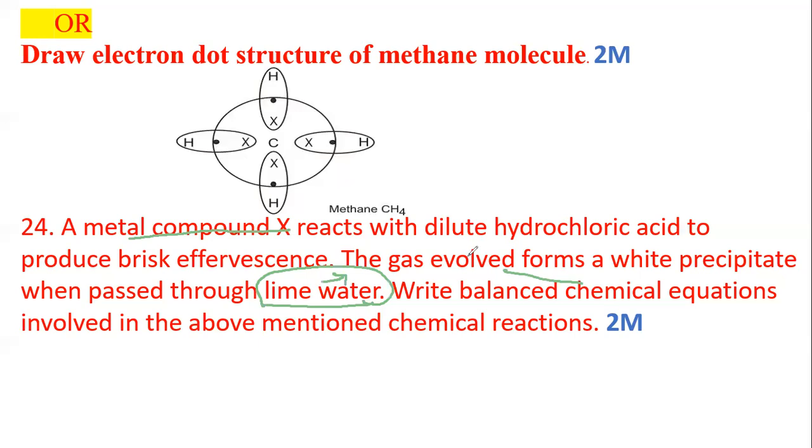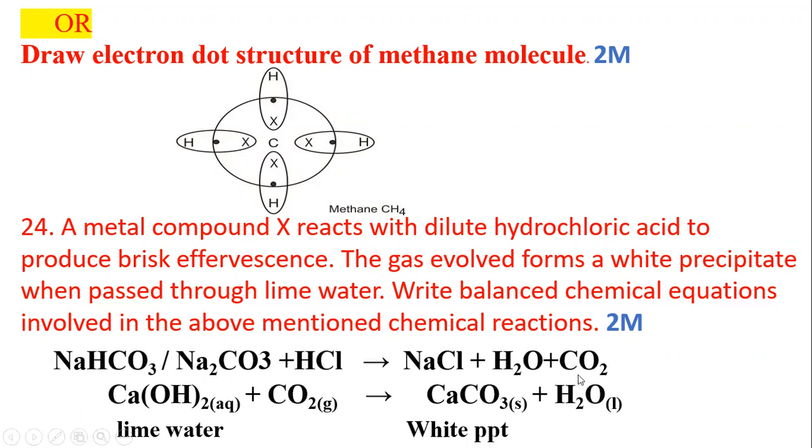Why are we taking carbonate metal compounds? Because here we need a gas, and that gas is carbon dioxide. The gas evolved is carbon dioxide. Then that gas converts lime water into a white precipitate of calcium carbonate.